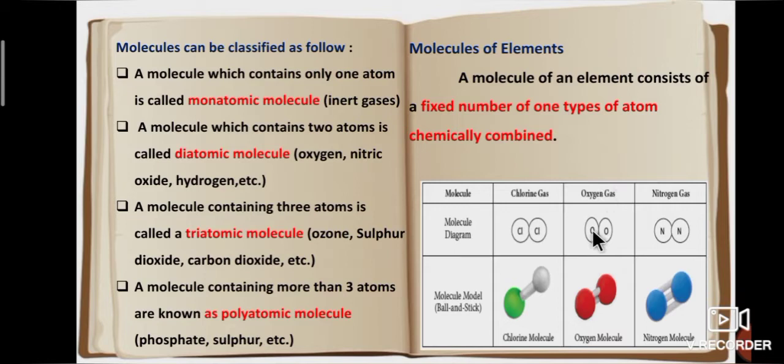Oxygen gas, this one is nitrogen gas. Here they are given ball and stick model, that is molecular model. Chlorine molecule, oxygen molecule and nitrogen molecule. Fixed number of one type of atoms chemically combined.